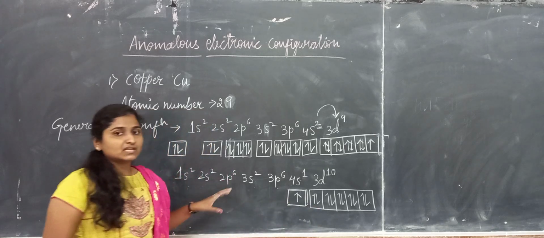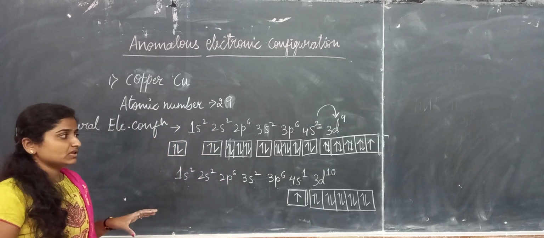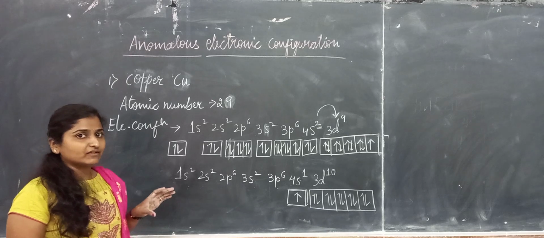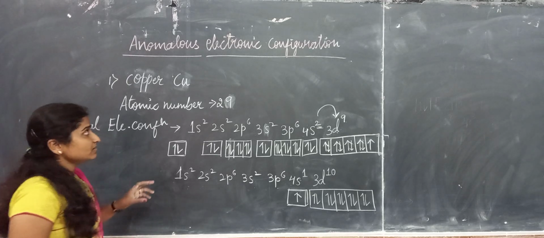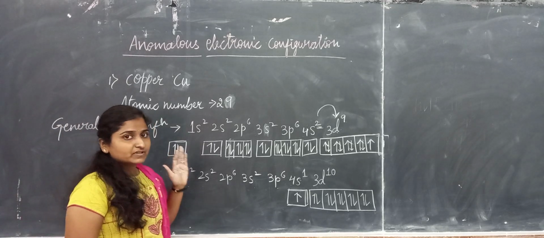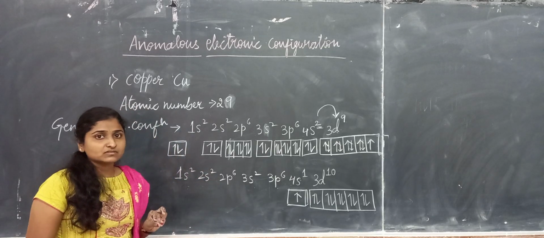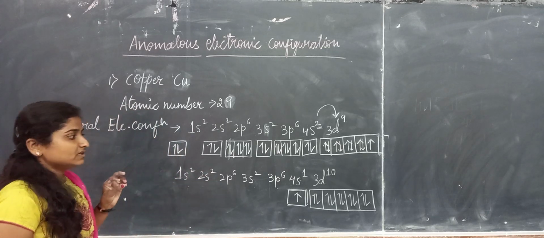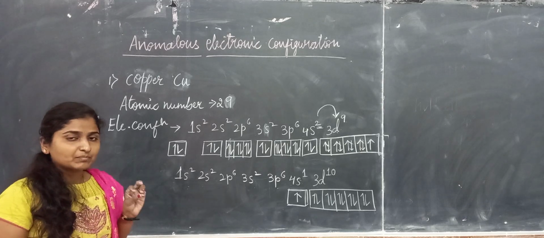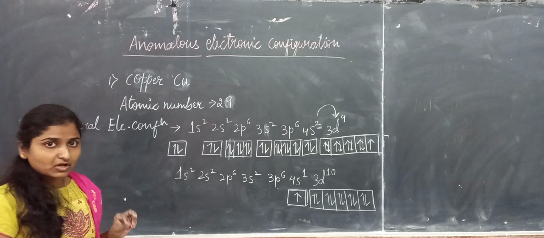This anomalous electronic configuration is usually observed in the d and f block elements. It arises due to two reasons: electron-electron interactions, and the unusual stability of completely or half-filled atomic orbitals.